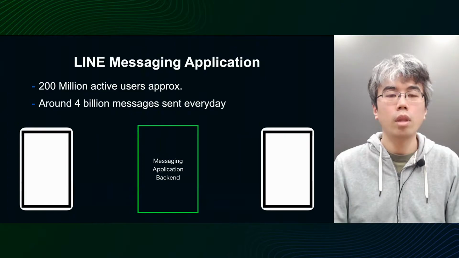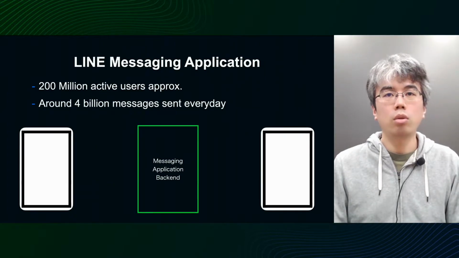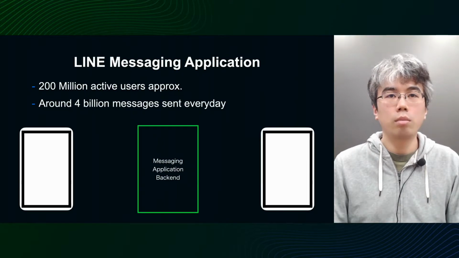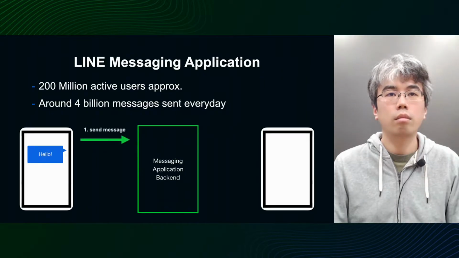of the Line system. Line's application is based on a very orthodox client-server model. When a user sends a message, the message is sent to the backend server, and the backend delivers the message to the destination.